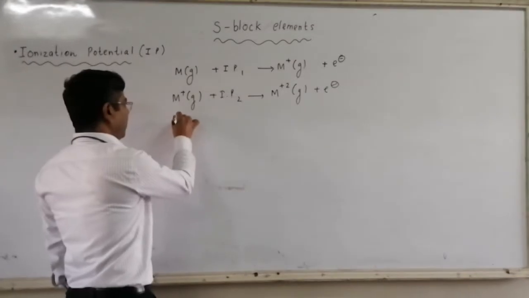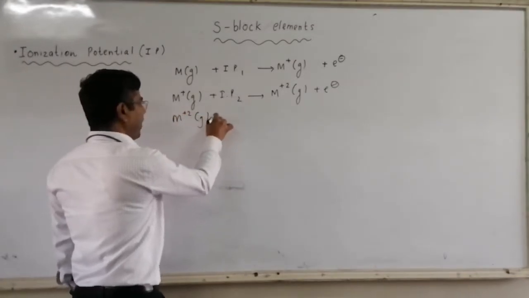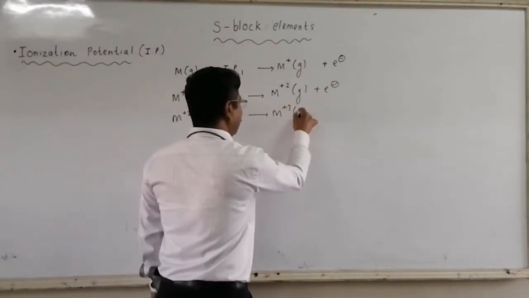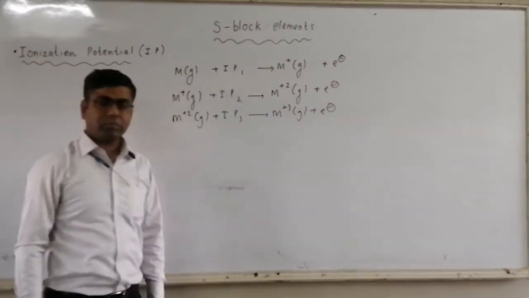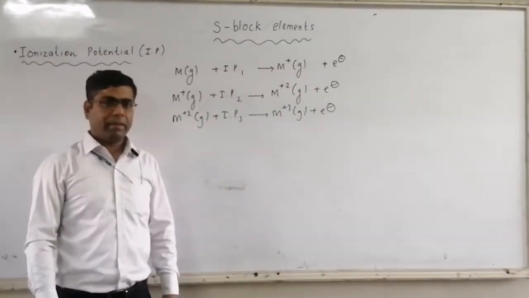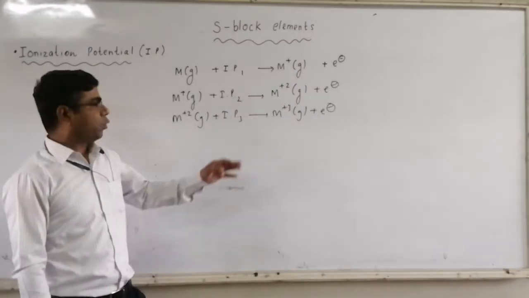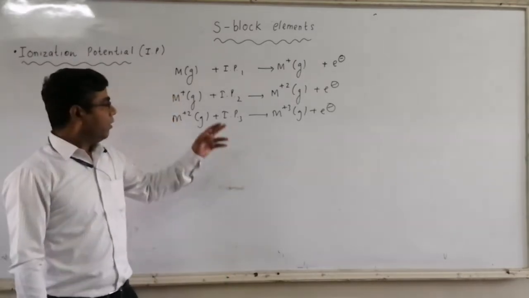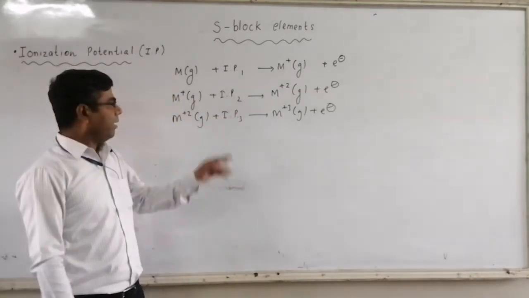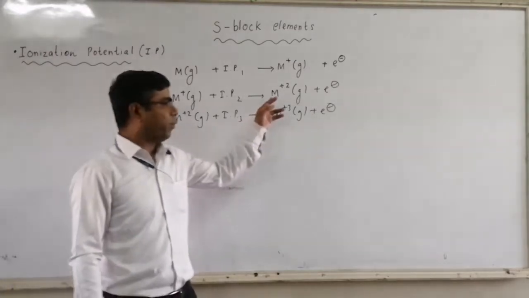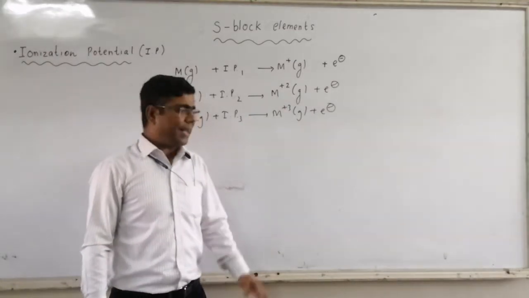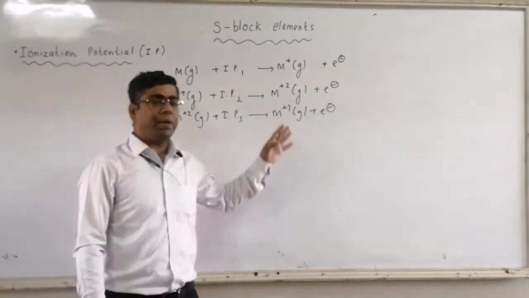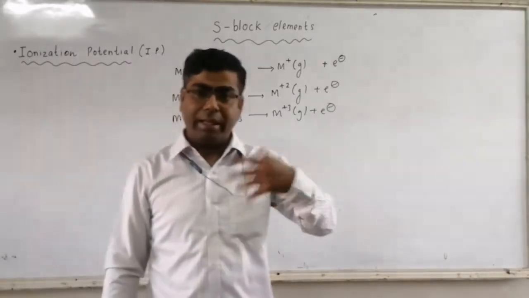Similarly, if M2 plus gas is provided IP3, it will be converted to M3 plus gas with the loss of electron. So when IP1 is provided, the neutral atom will be converted to a unipositive ion, cation. When IP2 is provided, the unipositive ion will be converted to a dipositive ion. And when IP3 is provided, the dipositive ion will be converted to a tripositive ion. In this manner, electrons will be removed.